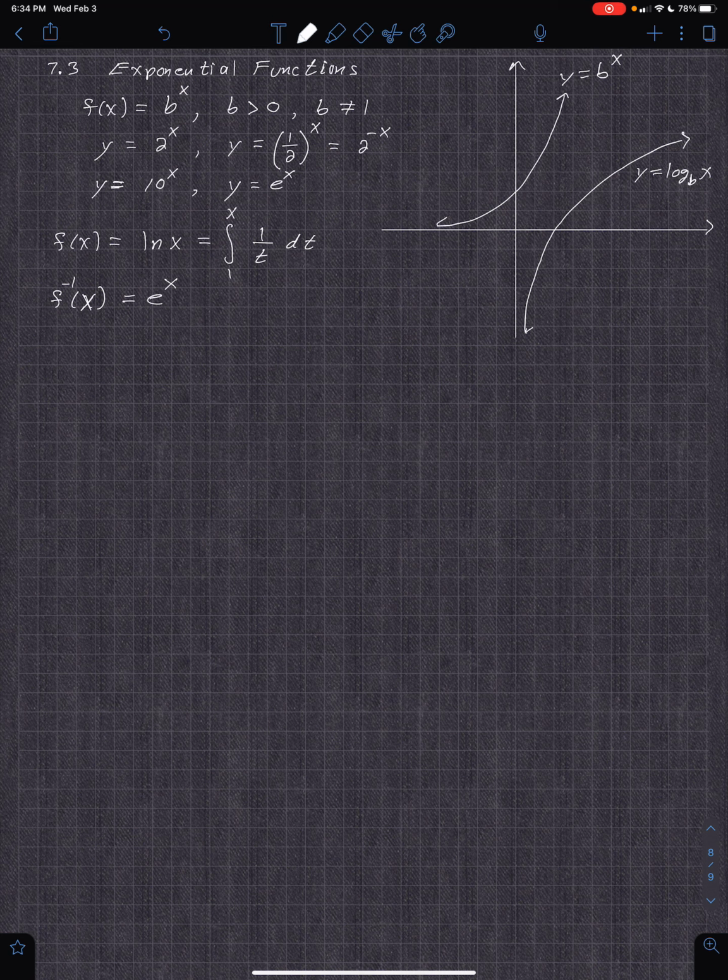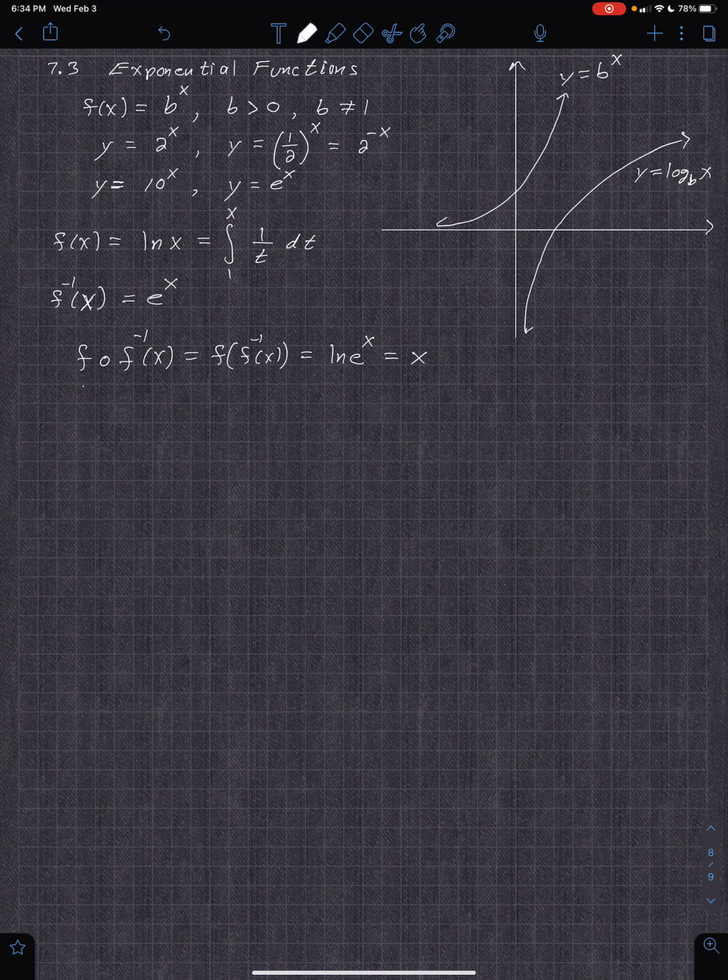So we know it's 1-to-1. Inverse exists. So we know f composed with f inverse of x is equal to f of f inverse of x. So that would be written as ln e to the x, which we know equals x.